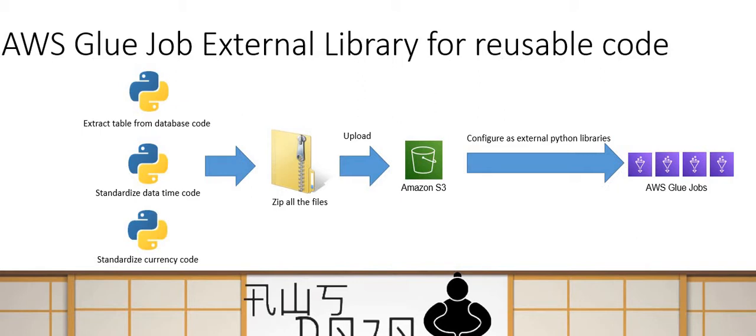So from the beginning, think about reusability in your code, put that reusable code into these reusable libraries, and then simply use the external Python library setting to refer to it in the configuration of the glue job, and simply use that code. So that's a straightforward concept. Now we have a demo today just to demonstrate this concept.